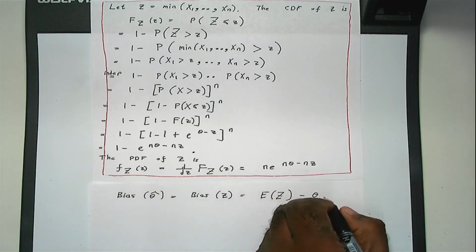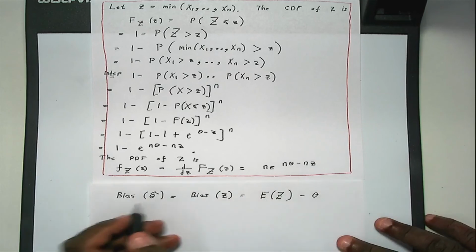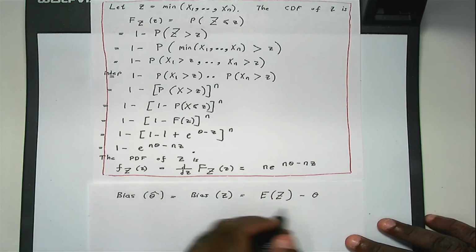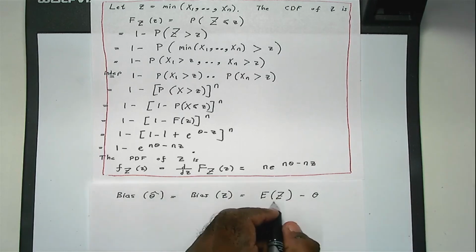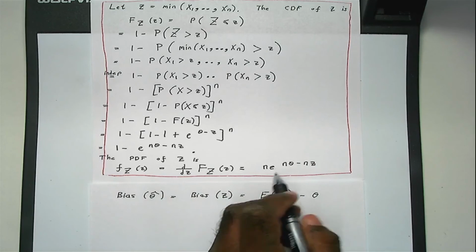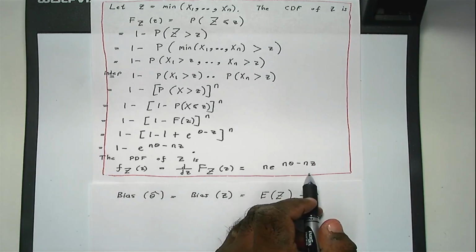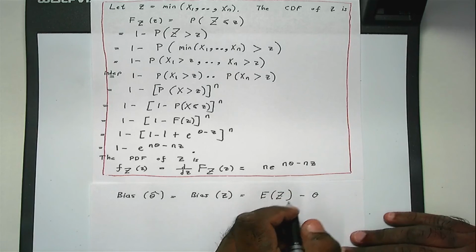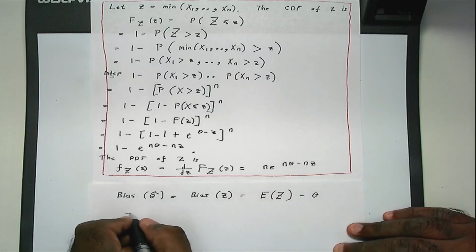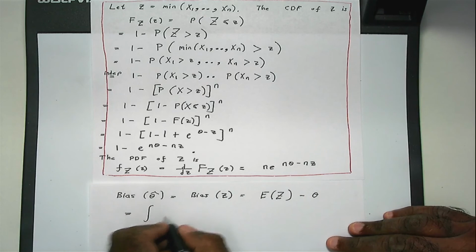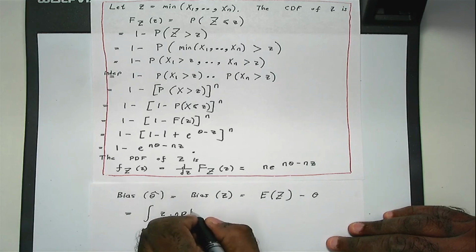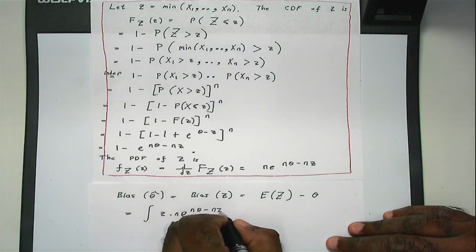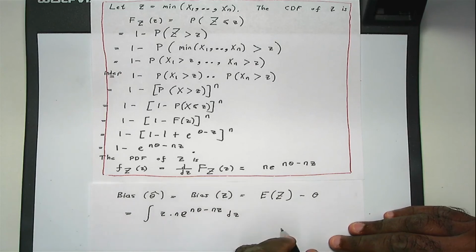the expectation of z minus theta, because remember, theta hat is an estimator for theta. This is the definition. To find the expectation of z, you just need to integrate with respect to z. So it's going to be the integral of z times n times e to the power of n theta minus n z dz, and the limits of integration are from theta to infinity.